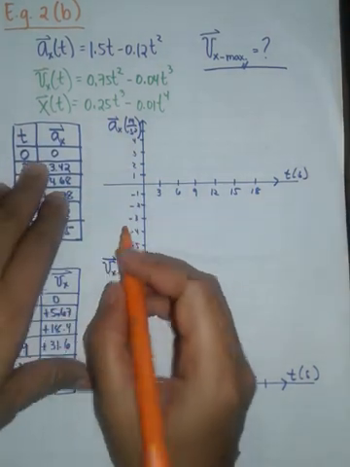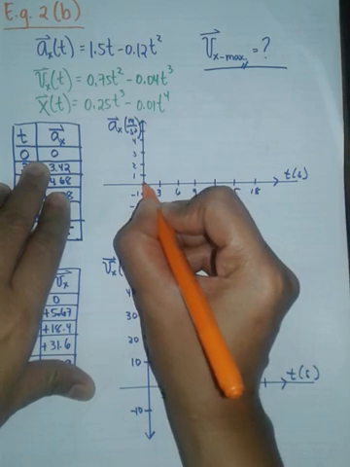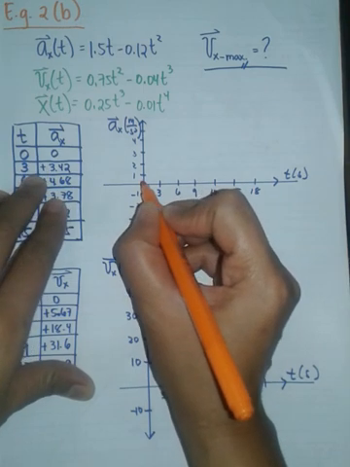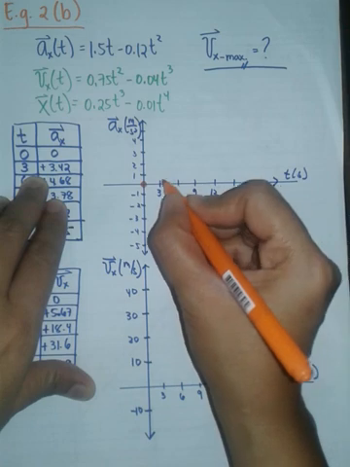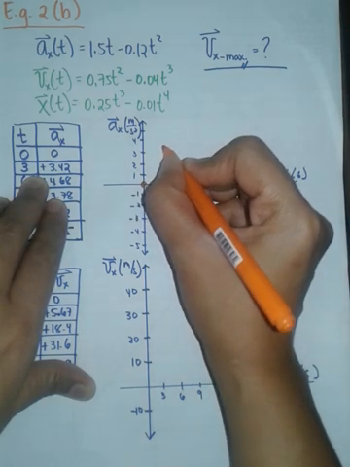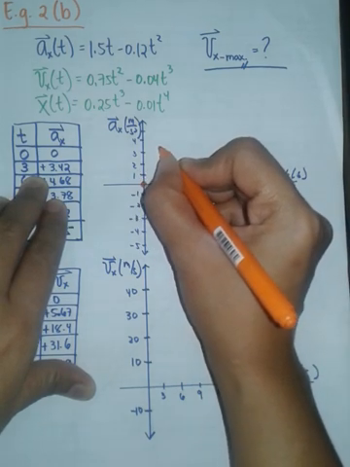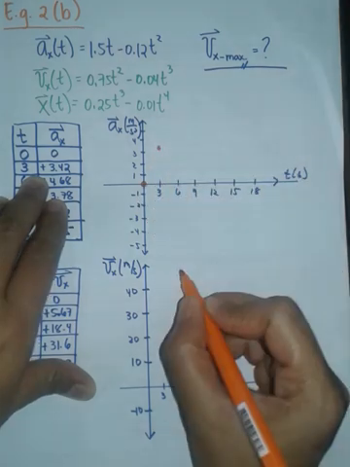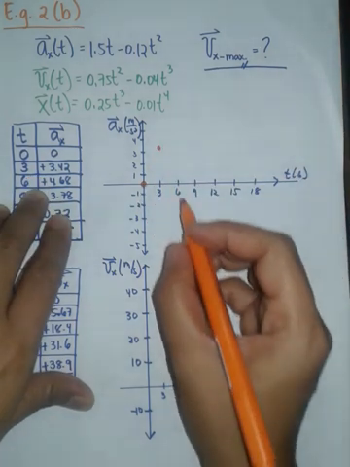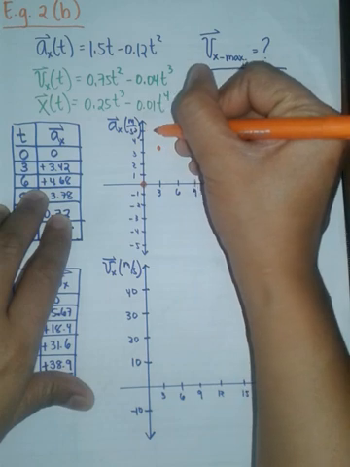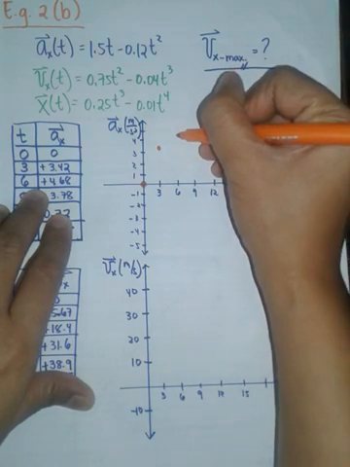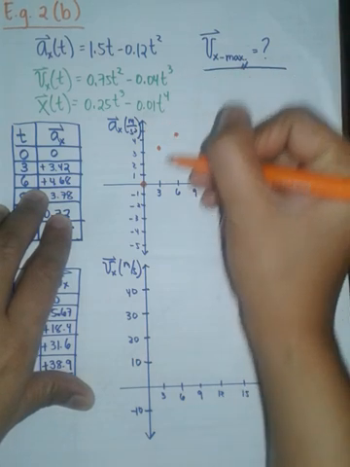When time is 0, the motorcycle's instantaneous acceleration is 0. When time is 3, it's 3.4, so more or less, if this is 3.5, 3.4 is an estimate. That's where our estimation comes in again. When time is 6, it's 4.6, so if this is 5, 4.6 is somewhere here.